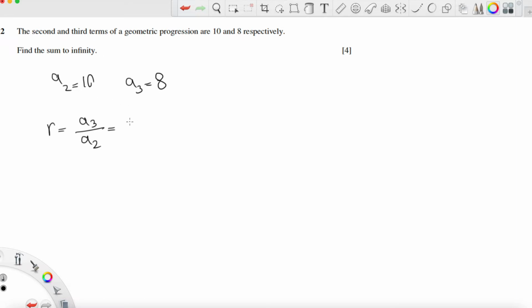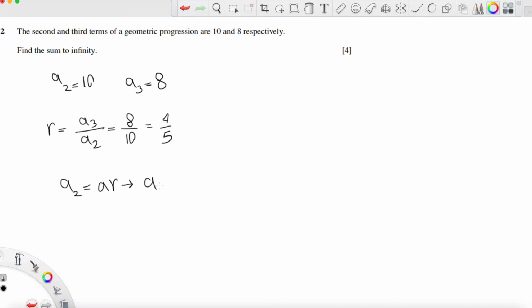There are two consecutive terms, so it is 8 over 10, which simplifies, if you divide both by 2, to 4 over 5. So r is 4 over 5. The formula of the second term is ar.